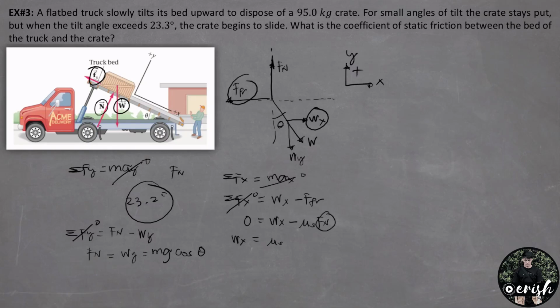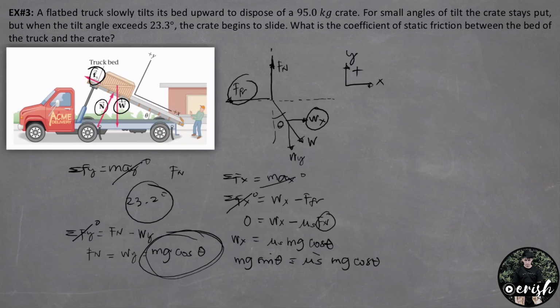Ang normal force natin is equal dito na na-derive natin from the second law of motion at summation of forces natin at the y direction. So, ilagay na natin as mass times the gravity cosine theta. Ang weight x naman natin is equal sa mass times gravity sine theta. And again, this is equal sa coefficient of static friction times the mass times gravity cosine theta.